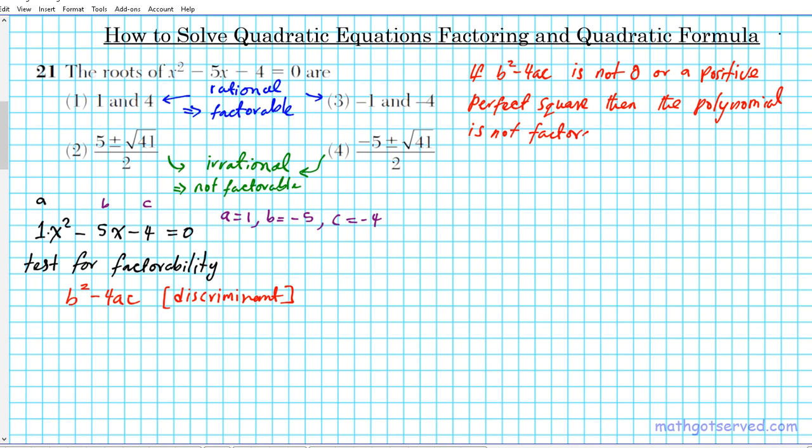And guess what that means? Since it's not factorable, or you can say it's prime, that means the roots are going to be irrational.